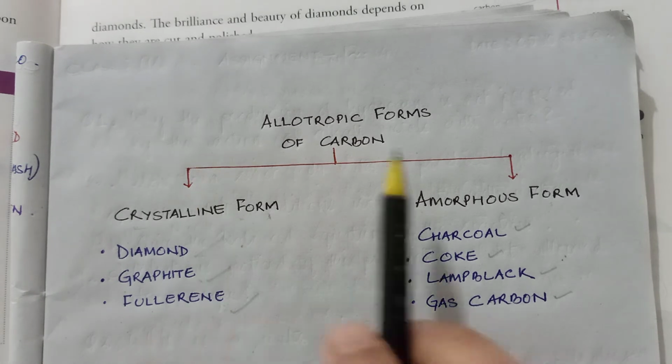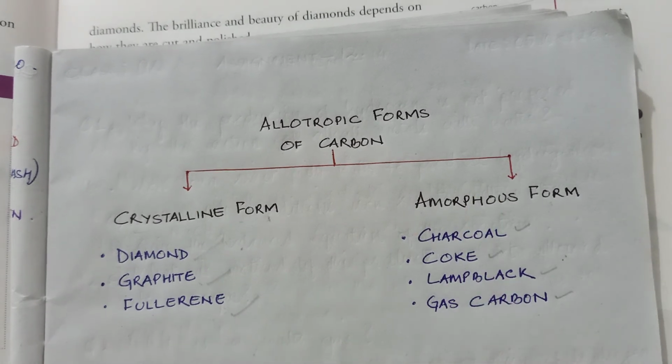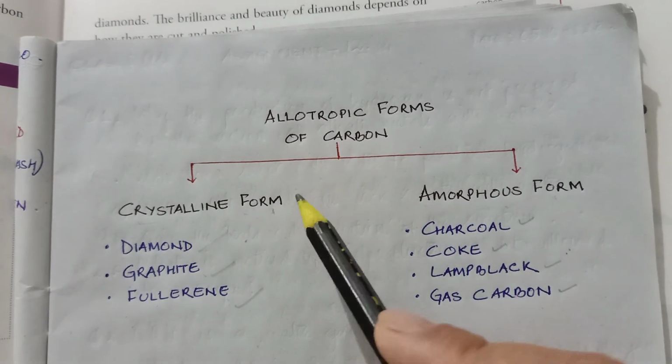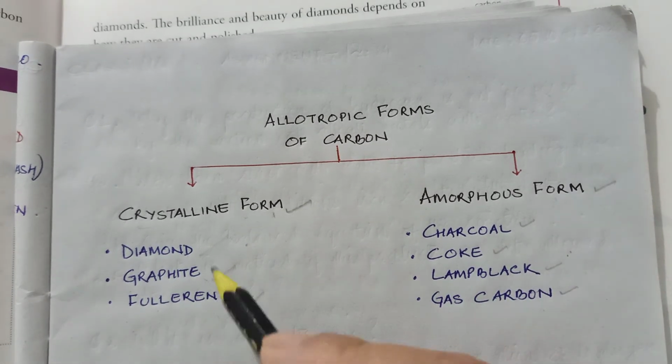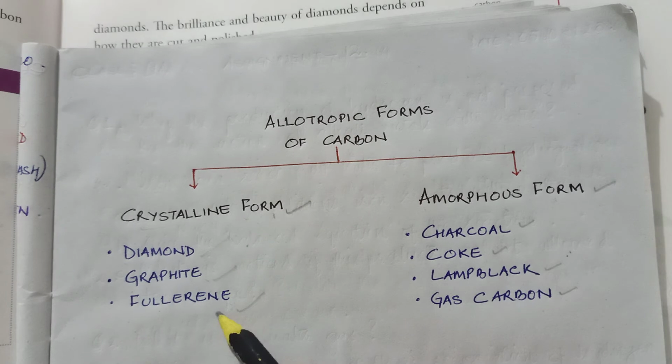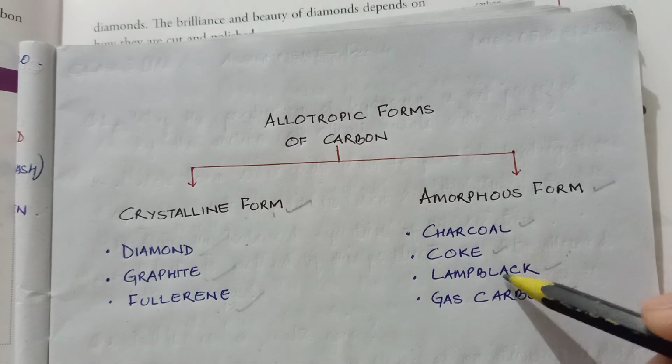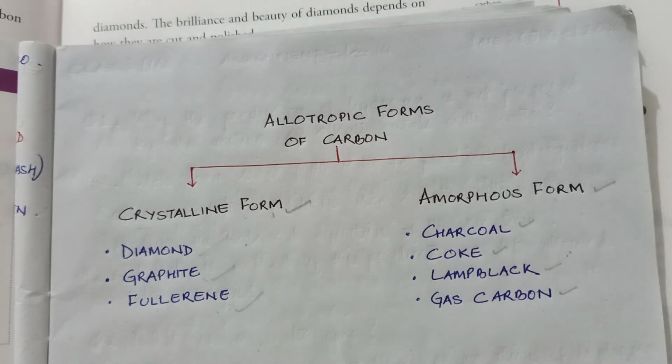So these are the two allotropic forms of carbon: crystalline form and amorphous form. And these are the examples of crystalline form of carbon, and these are the examples of amorphous form of carbon.